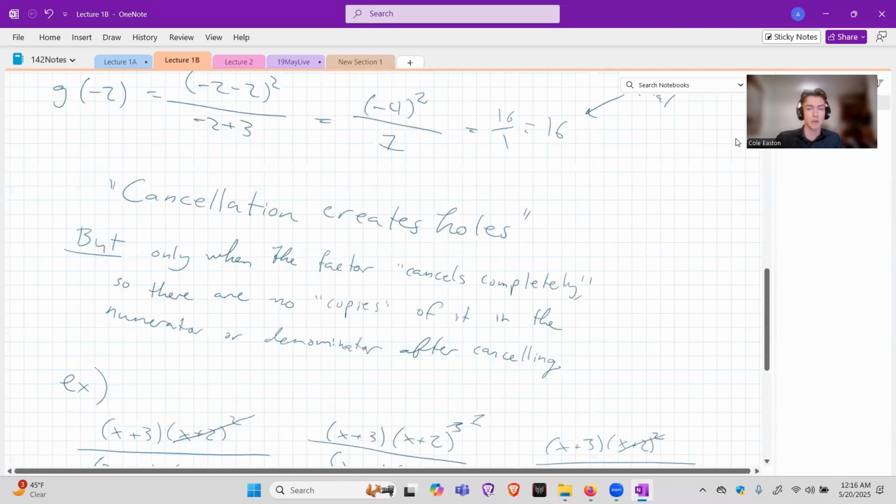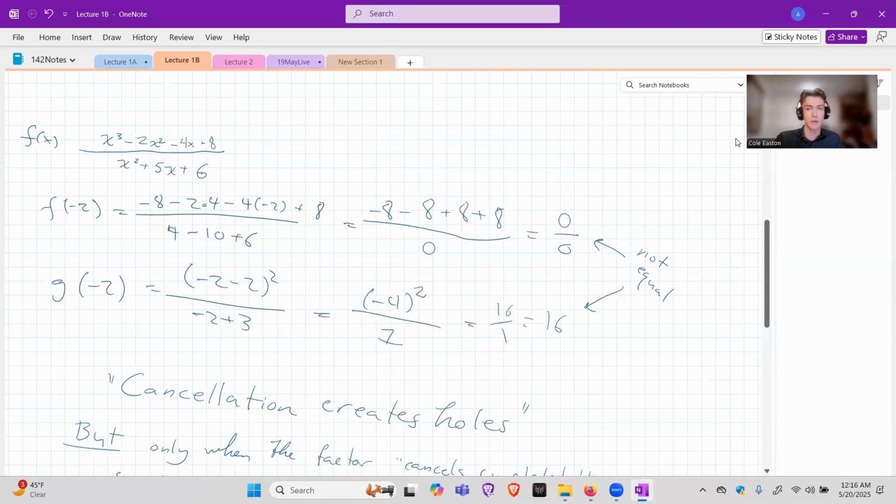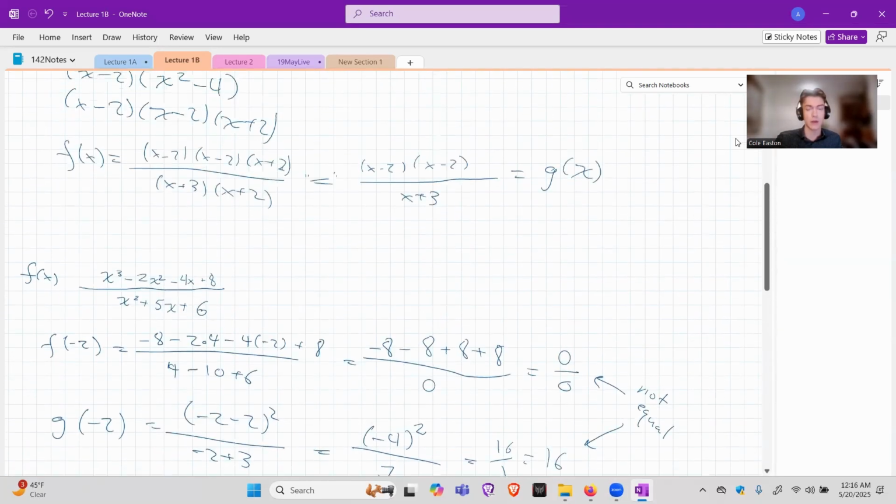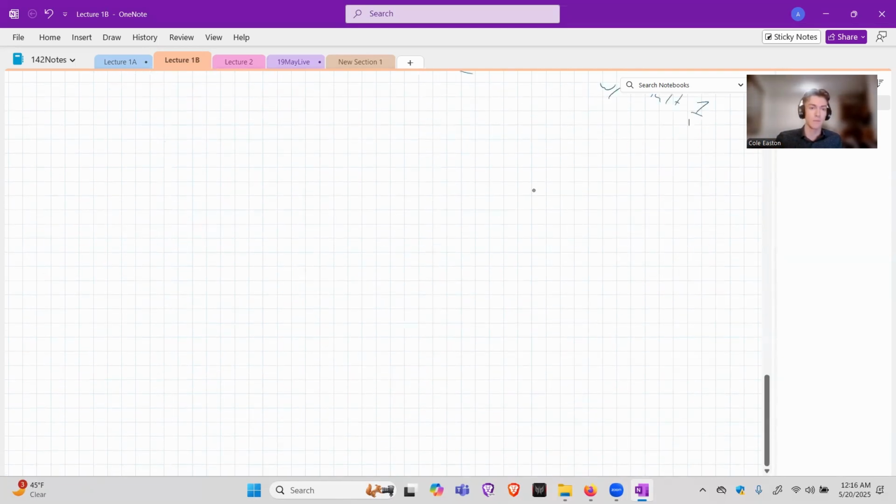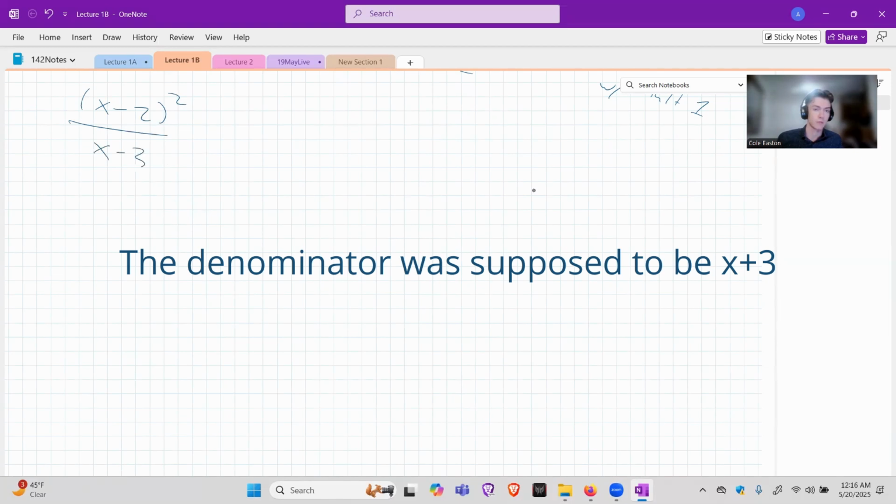And so we're going to try to graph f of x by using what we know about g of x. Because we know that g of x has the same shape as f of x, as long as we keep track of that hole that we have to draw, everything else is going to be the same. So we're essentially just going to look at this function that we have here, which is (x minus 2) squared over (x minus 3).